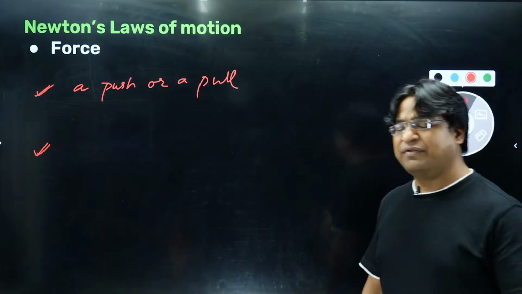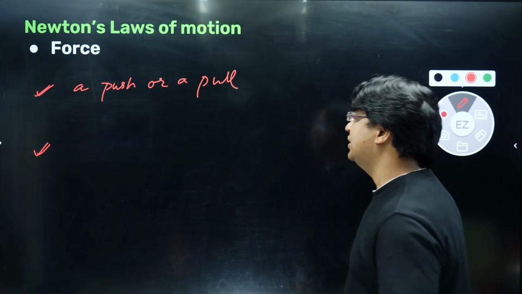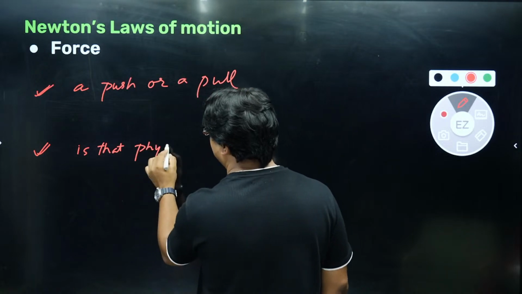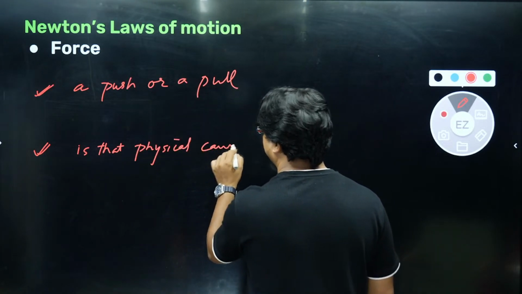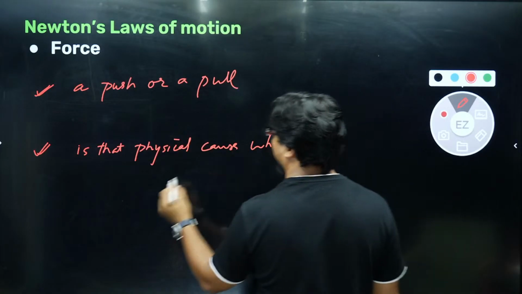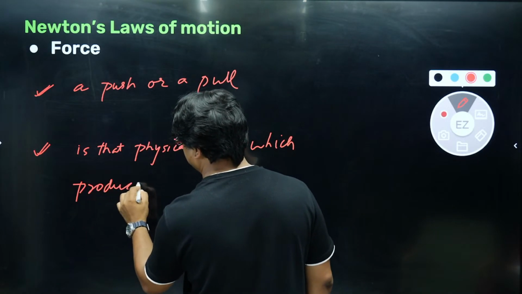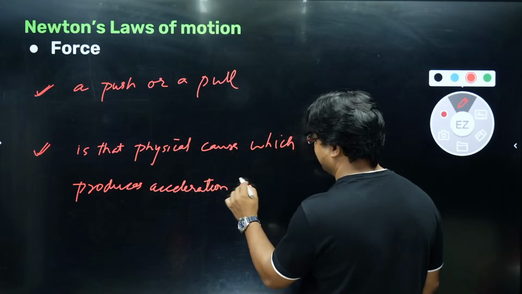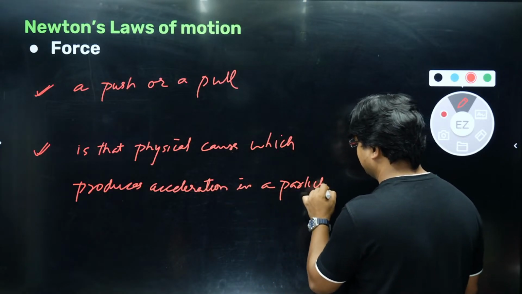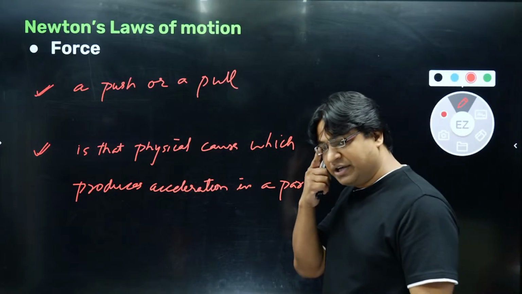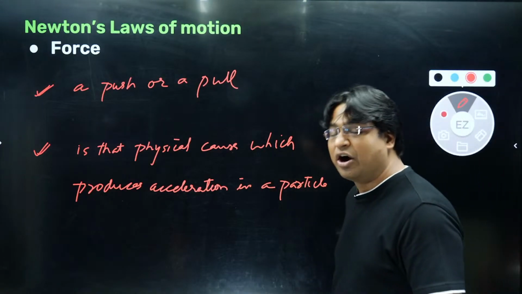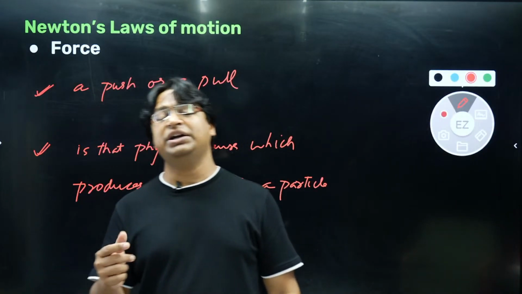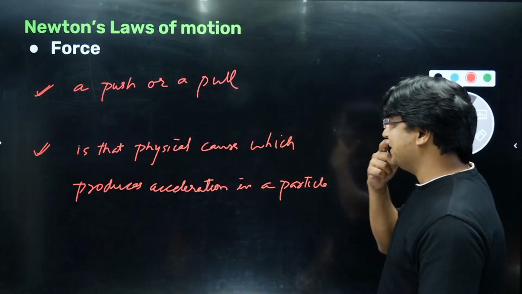But if we want to go a bit more technical, then force is that physical cause which produces acceleration in a particle. If we are treating the object as a particle, then that is enough. But if we have an object, then we would say that a force can either produce acceleration in it or it can deform the object, or maybe both. So that would be force.